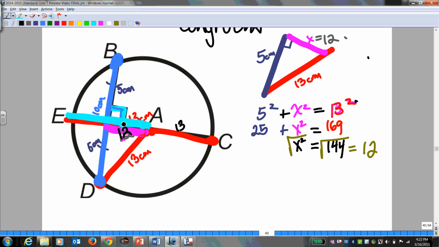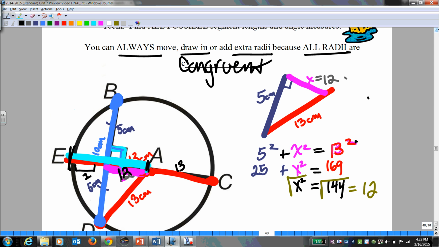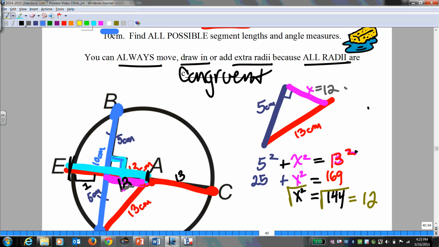You should have remembered if from here to here is 13, that means from here to here is 1, because it's 13 minus 12. All right, you feel good about it. You found all segments. Woohoo! You found all segments, but you're not done.